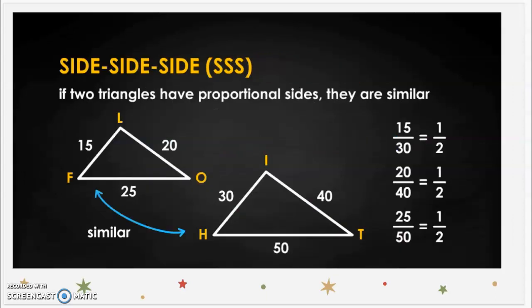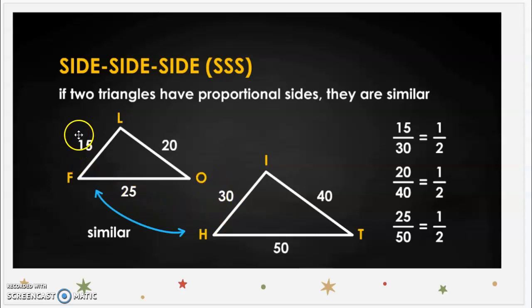There's also another one that's the same. Side, side, side. Meaning if the 2 triangles that I'm comparing have proportional sides, meaning exactly the same increase or decrease, they are similar. So if I take this side here, 15, it should be multiplied or divided by a number to get to 30.